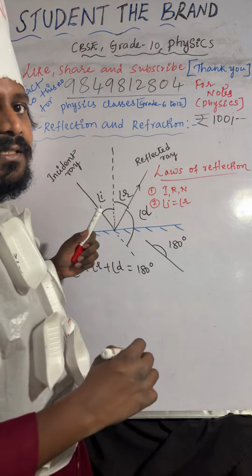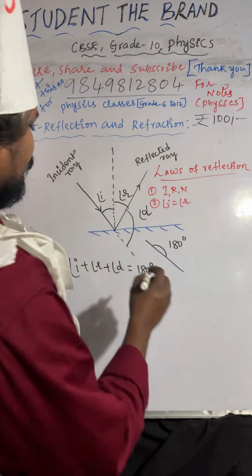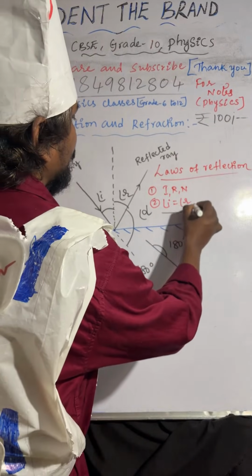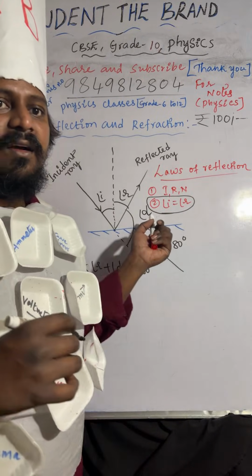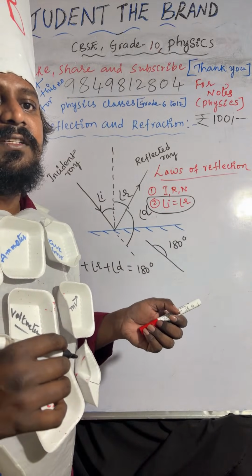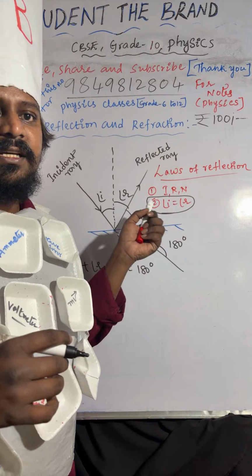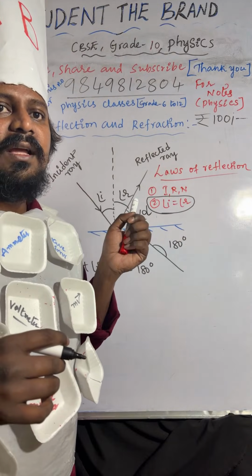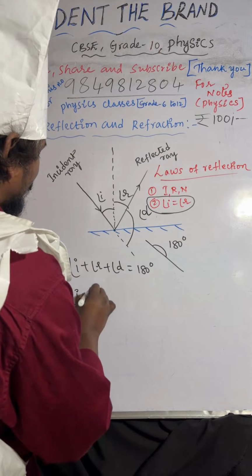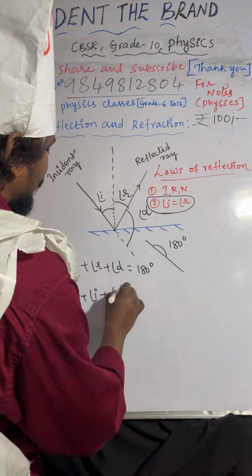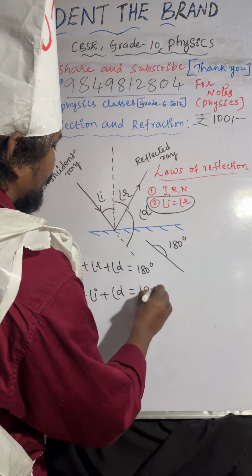Right? Yes. Now, from the laws of reflection, the angle of incidence is equal to the angle of reflection. So the angle of incidence plus the angle of incidence plus the angle of deviation equals 180 degrees.